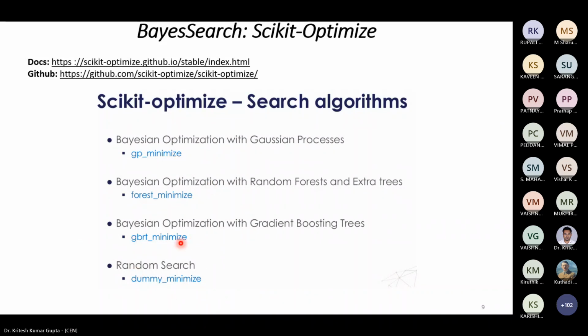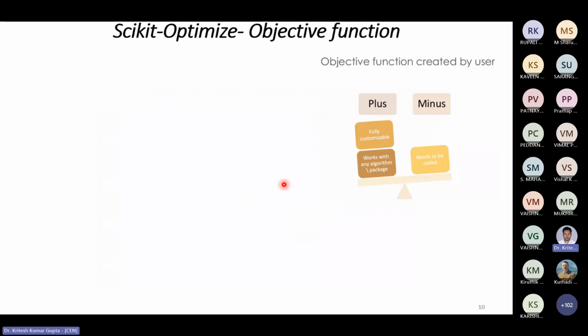Now, the good thing about scikit-optimize or Bayesian search is that the objective function has to be defined by the user. So there is a possibility of customization. It is fully customizable and works with any algorithm and any package. The minus side of this is that we have to code it.